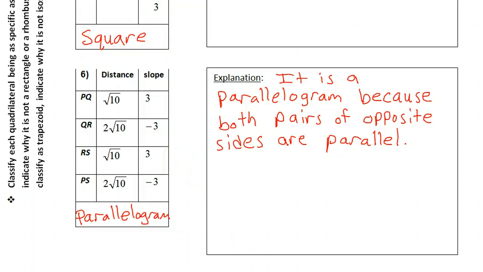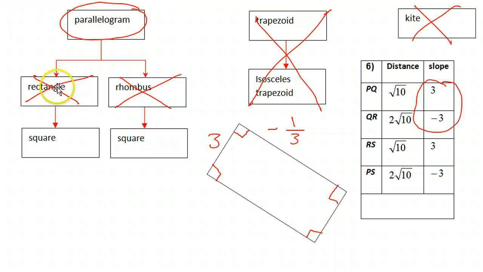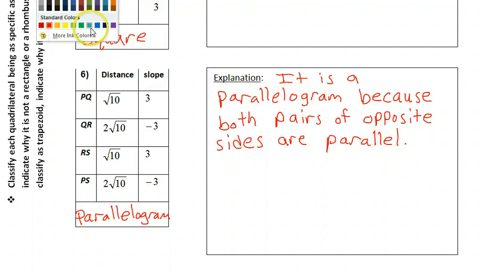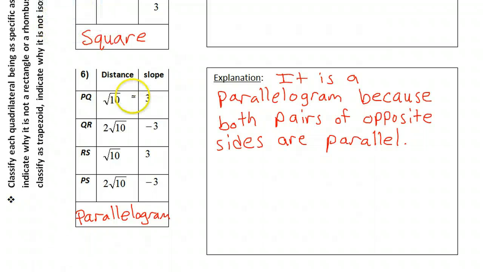But remember, when we say something is a parallelogram, we have to say why it's not a rectangle and not a rhombus, because that would be more specific. So you can either say it in words, which I'll do at the end, but that's optional. If you prefer, you can just indicate why it's not a rectangle and not a rhombus on the diagram.